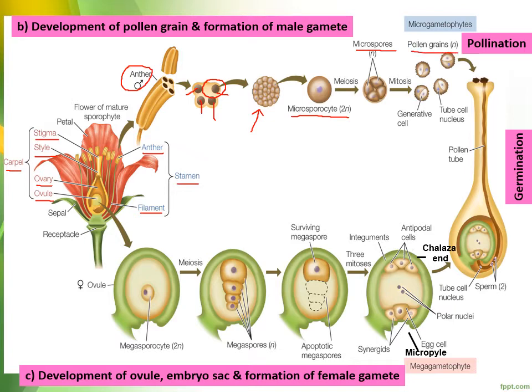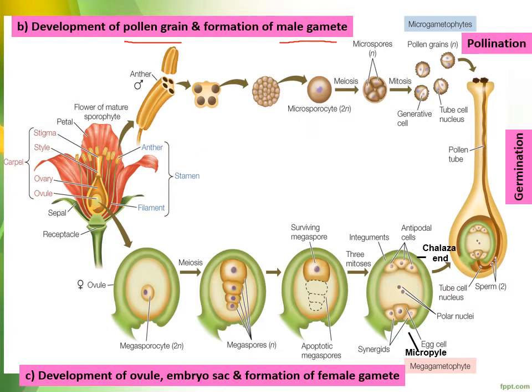And inside the pollen grain, there's a generative cell which will produce two sperms, and a tube cell which will produce a pollen tube. So we've looked at 9.1b, how a pollen grain is developed and how male gamete is formed. Now let's look at 9.1c.